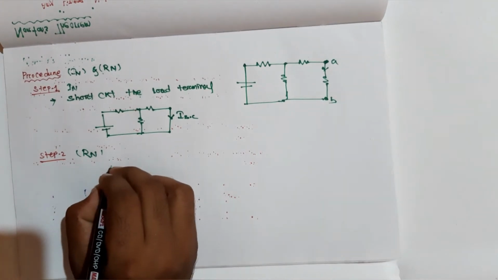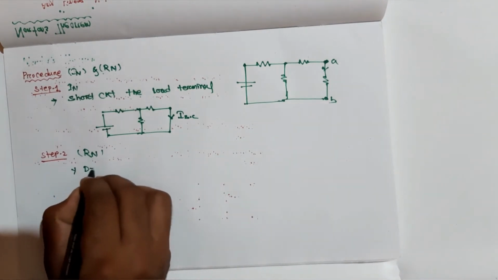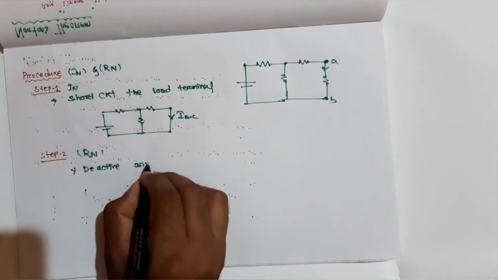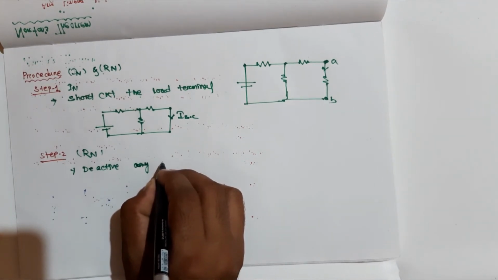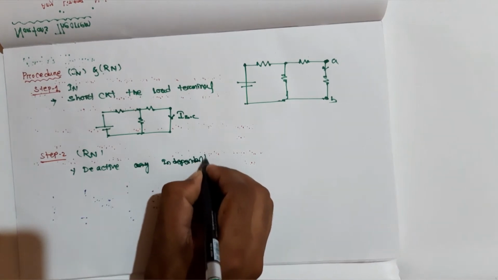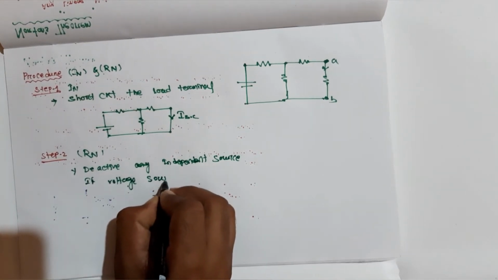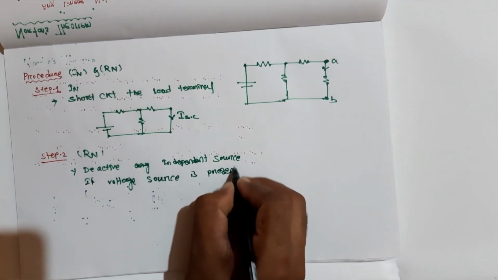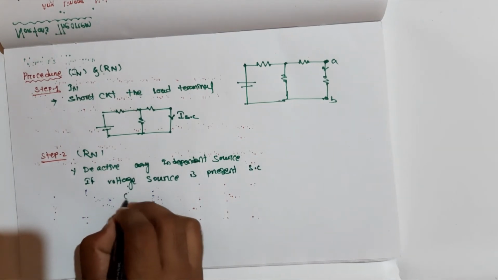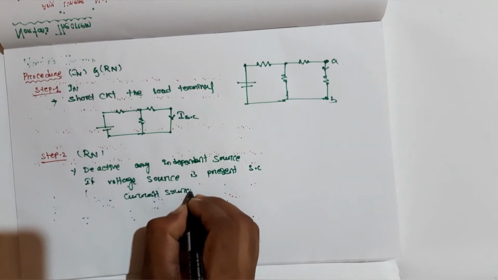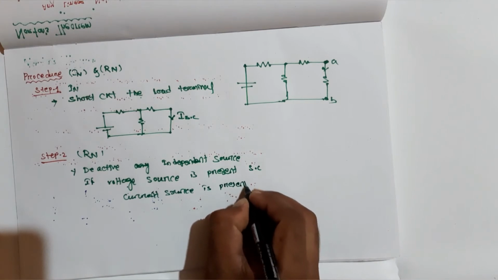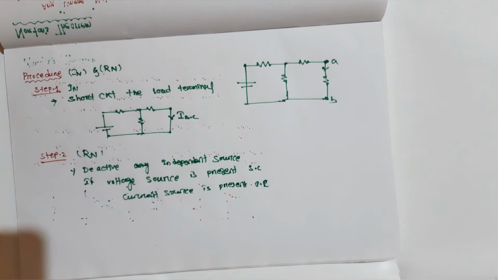The step is to deactivate only the independent sources. If a voltage source is present, then short circuit it. If a current source is present, then open circuit it. This is only for independent sources. For dependent sources, there is a different approach, which we will cover in the next lecture.